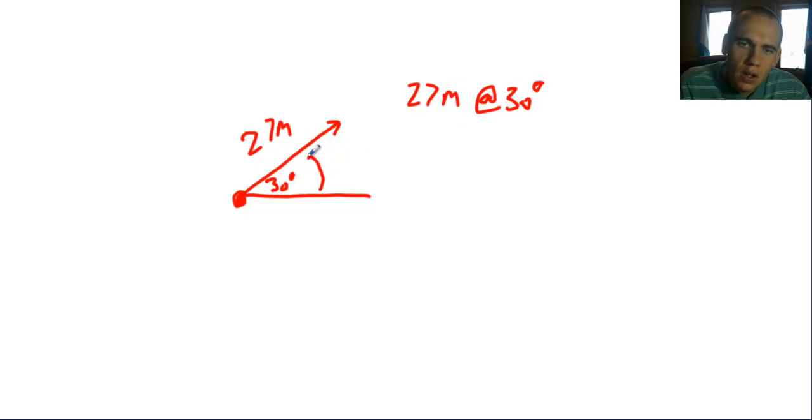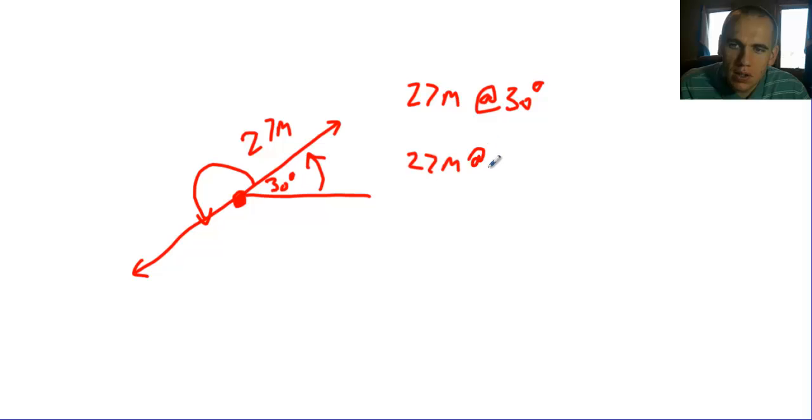Well, opposite means it's got to go 180 degrees away from it. It's got to pull this direction. So the opposite of 27 meters is 27 meters at 210 degrees because they're separated by 180. The other way you can write that is negative 27 meters at 30 degrees, just like we could before.